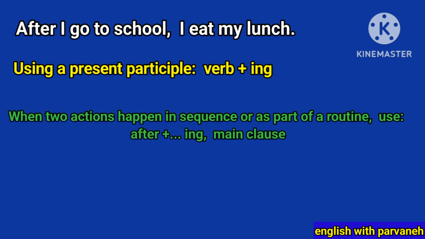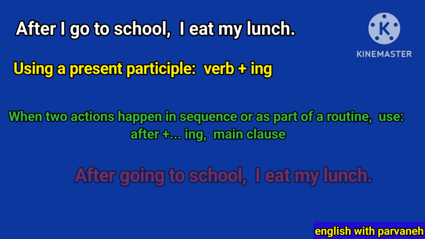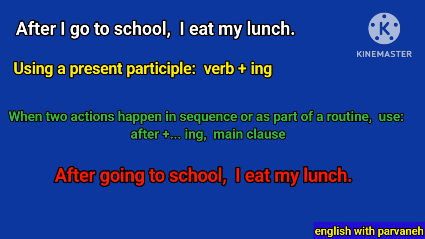When two actions happen in sequence, one after the other, like going to school and eating lunch, you eat lunch after going to school, or as part of a routine, we use ing form of the verb. So we can keep after, add ing to the first verb, not the second one, and then the main clause. Like after going to school, I eat my lunch.